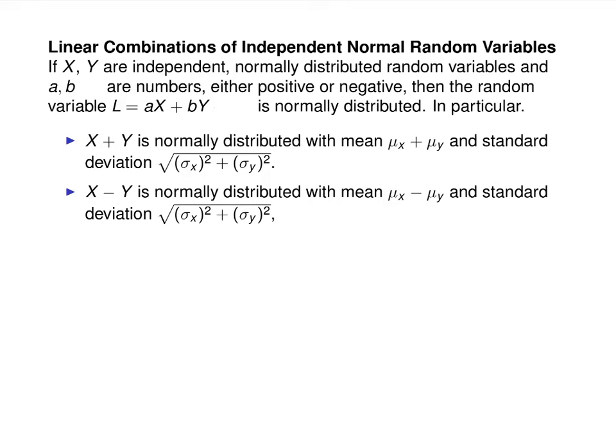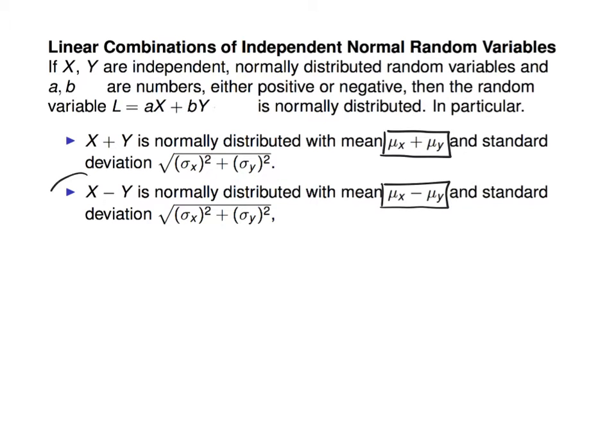In particular, x plus y has mean mu x plus mu y, so the new mean is you add the mean for the first plus the mean for the second, and the standard deviation is the first standard deviation squared plus the second standard deviation squared, all rooted. And the same thing for subtraction, except the mean is just the difference of those two means.